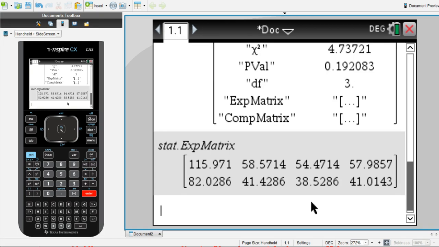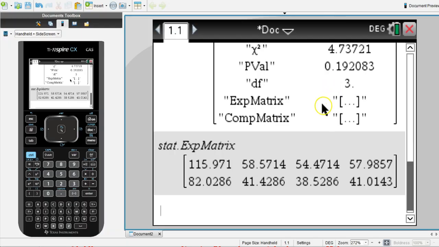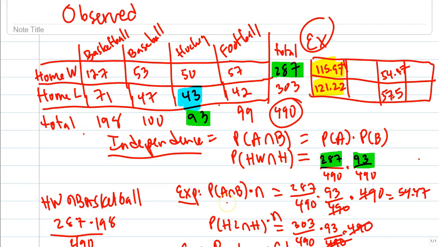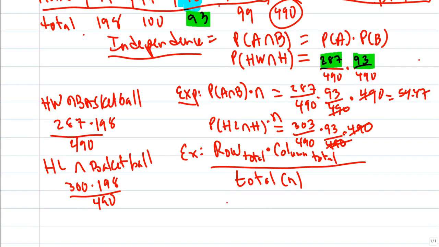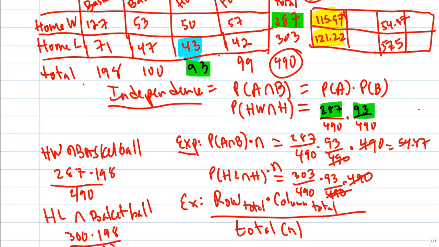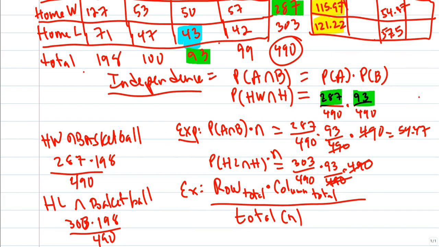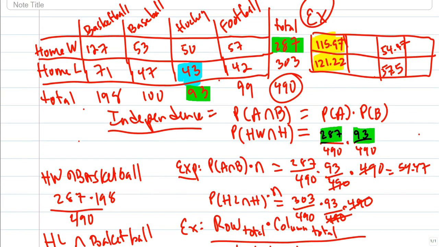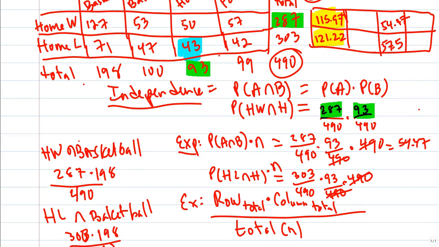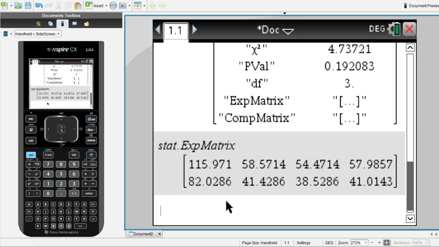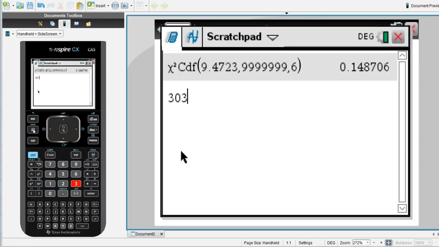We want the expected matrix. Double check these numbers. 115.97. What number did we have? 115.97. Whoa, we messed up on that one. What was that one? 303. All right, I'm feeling way off on that one. What is that one? 303, 198, 490. I need to do that real quick. Maybe some of you caught this already, but that still doesn't seem right.